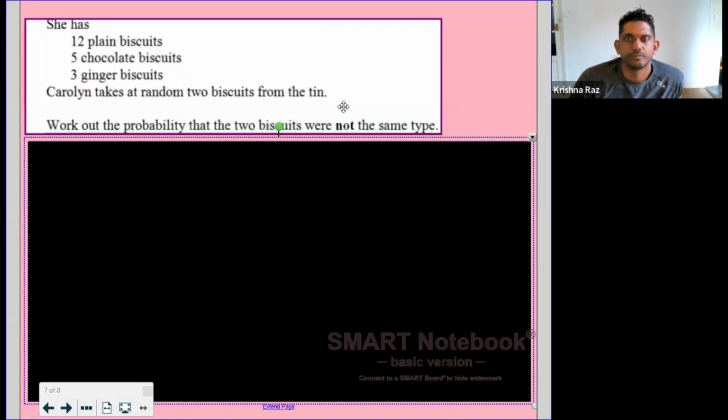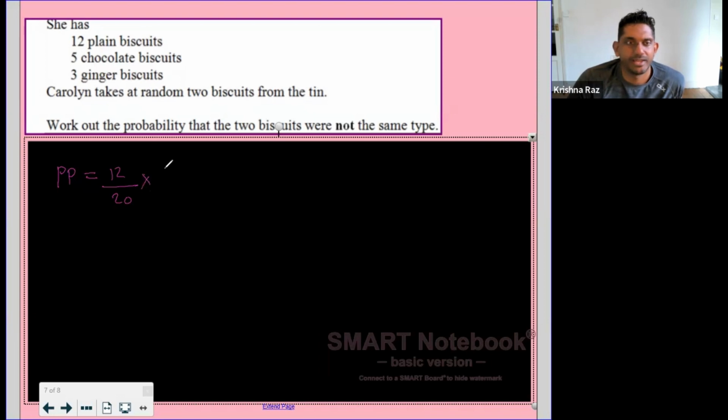So work out the probability that the 2 biscuits are not the same. Caroline takes 2 biscuits from the tin. Well, let's figure out the probabilities of them being the same first. So you could get 2 plain biscuits. There are 12 plain biscuits, and there are a total of 20 in the tin. 12 plus 5 is 17, plus 3 is 20.